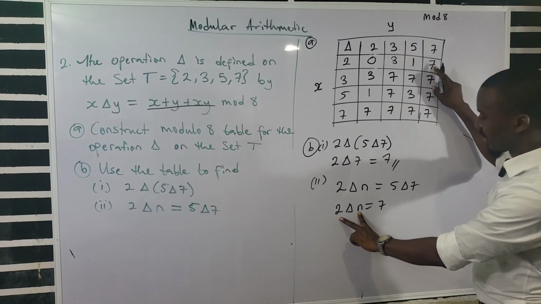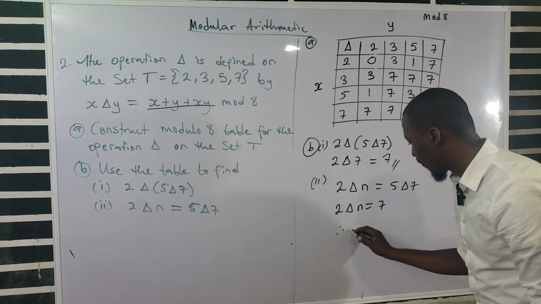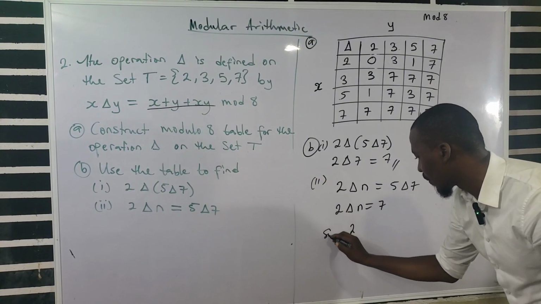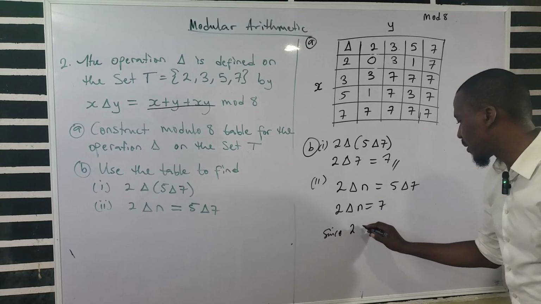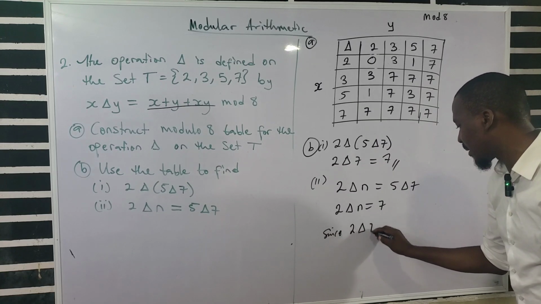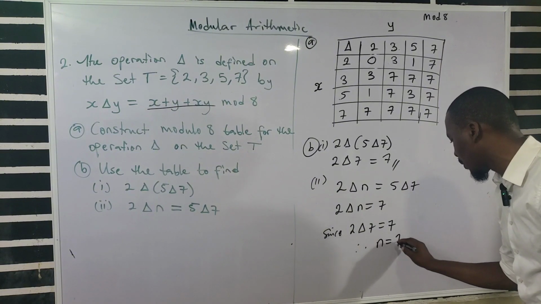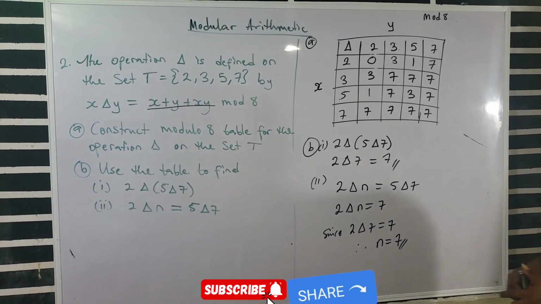That will give us 7. So therefore, since 2 binary 7 will give us 7, therefore N equals to 7. So we have gotten our answer and we have finished up with the questions.